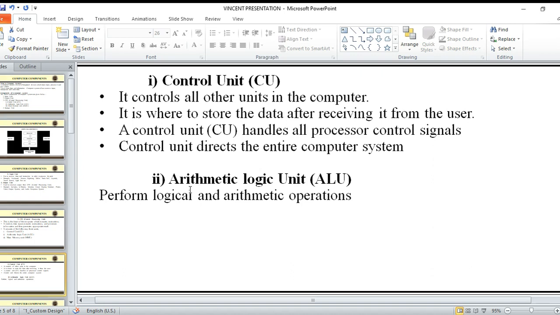Then arithmetic unit, which is also within the CPU. Brian, can you read for us what you can see there about ALU?